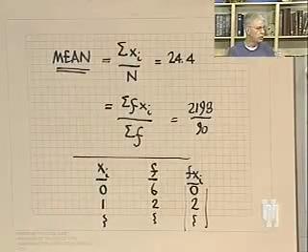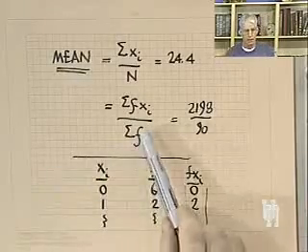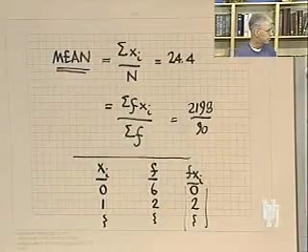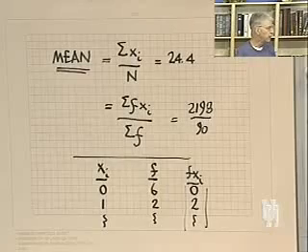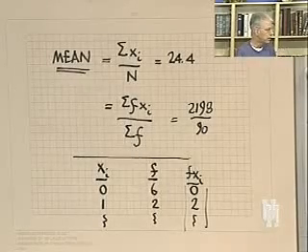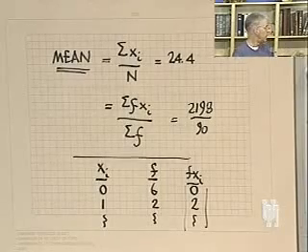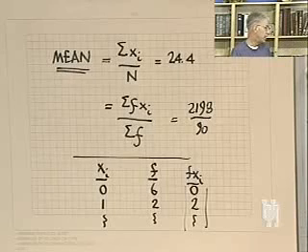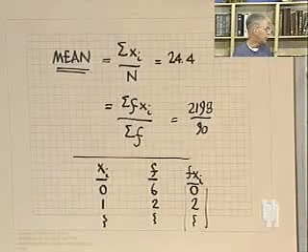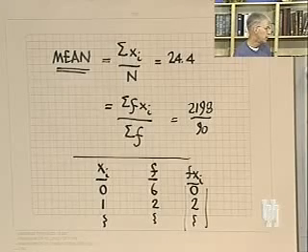But the more scores that you're dealing with, the more efficient is the second method. If you're dealing with 2,000 scores, it's very much quicker, very much more efficient to generate the frequency distribution and then use the second formula than it is to simply keystroke those 2,000 scores into your calculator.